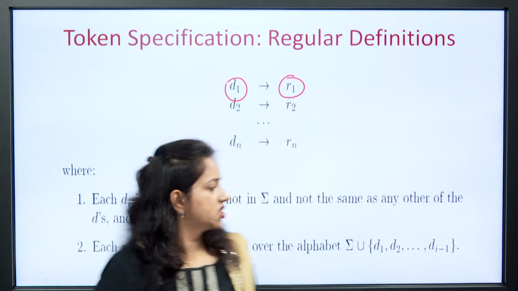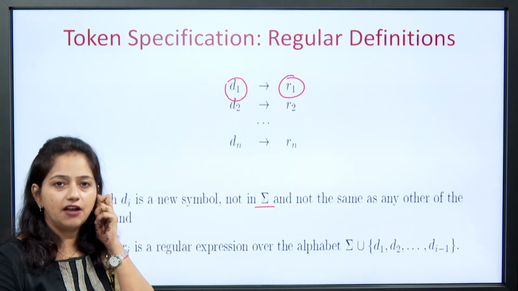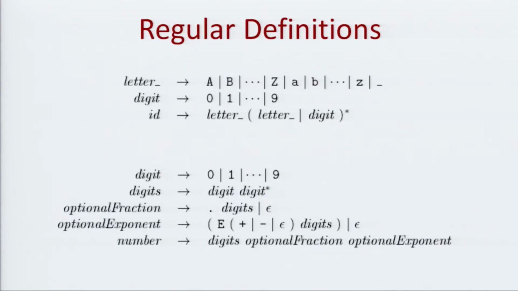Suppose the smallest symbol of the language is the alphabet sigma. Then each ri will be defined over sigma union d1, d2, up to d(i-1). Assigning a variable to some regular expression is called a regular definition. Now, we will understand this with an example.